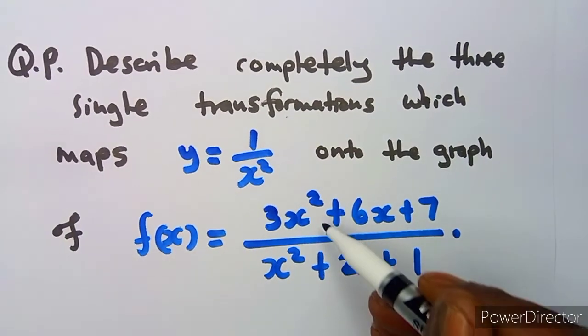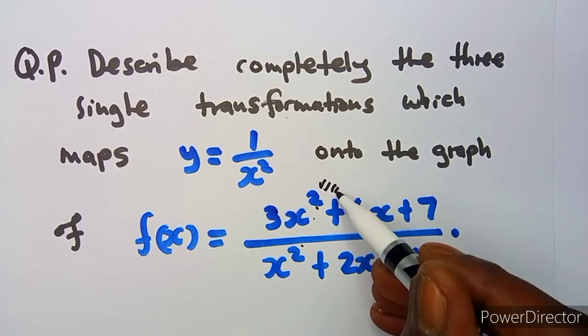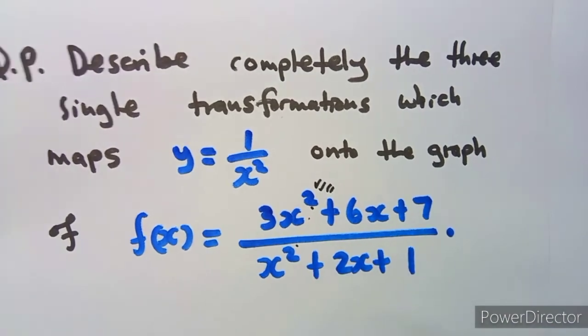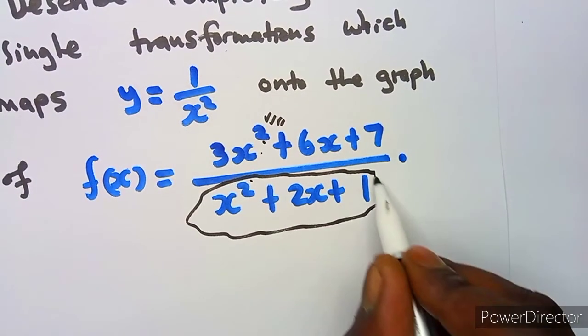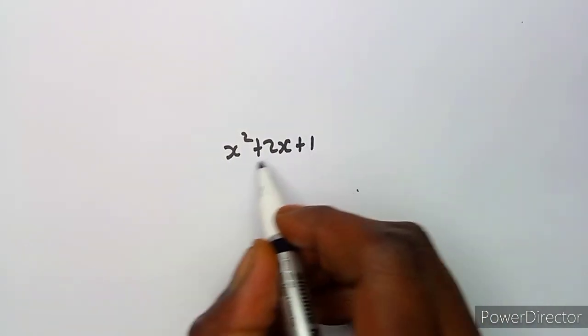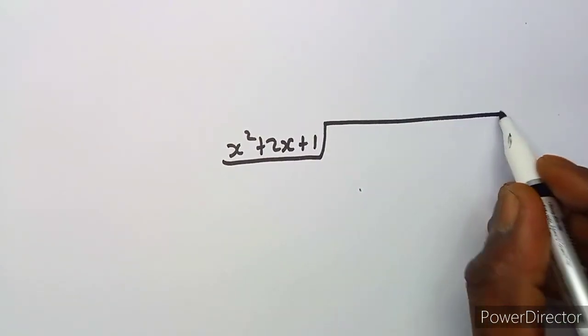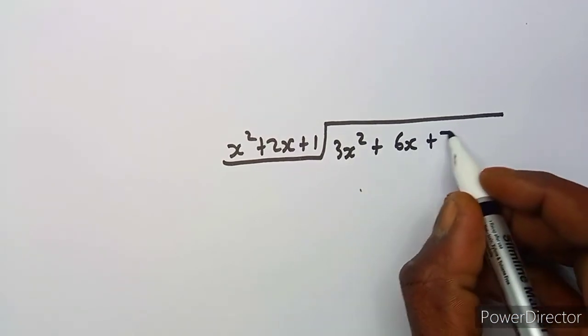As long as the numerator has the same exponent, or if the numerator has a bigger exponent than the denominator, do long division. So what are you dividing? This is the one that we are using to divide, which is x squared plus 2x plus 1 into this 3x squared plus 6x plus 7.